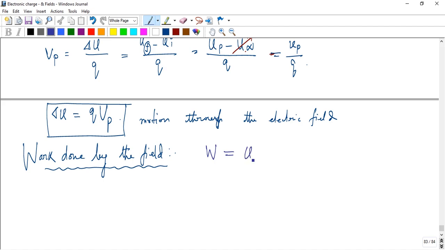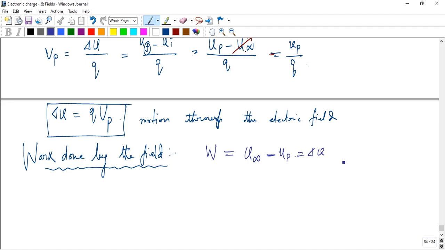So potential at infinity minus final minus initial at point P, the change in energy, is equal to delta U. We know that for conservative forces, like the electrostatic force, this is independent of path.